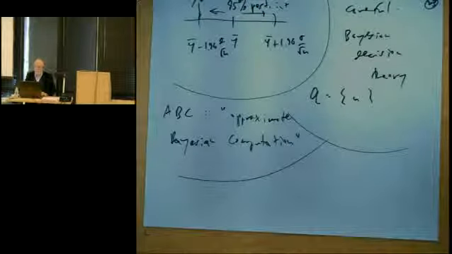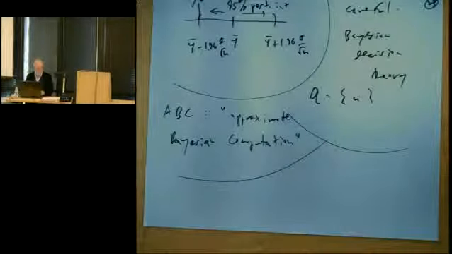So the ABC people have tried to build on that by creating a method that does approximate Bayesian calculations in models where you don't have a low-dimensional sufficient statistic, but you can try to write down something that you hope is an approximate low-dimensional sufficient statistic. And then the quality of your approximate Bayesian calculation rises and falls with the quality of the approximate sufficient statistics that you can come up with.